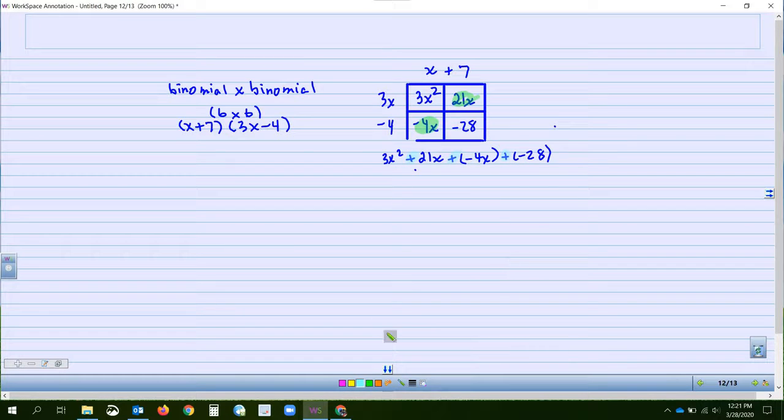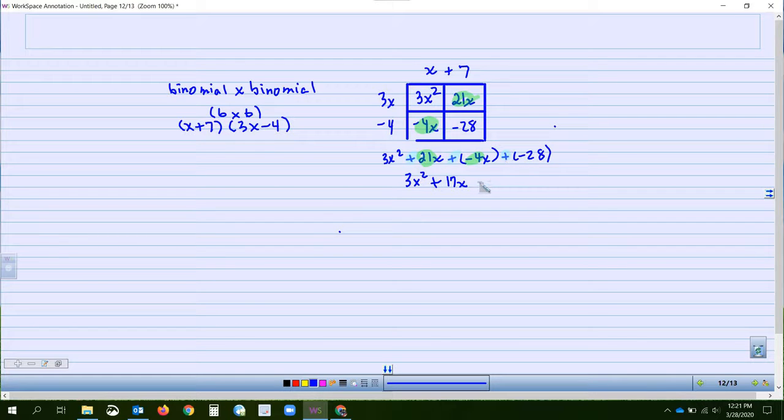All right, but these two here are what? That's right, they are like terms. And so what do I get? I get 3x squared, 21 plus negative 4. What do I have more of? I have more positives. How many more do I have? 21 minus 4 is 17x. And then I get plus a negative 28.